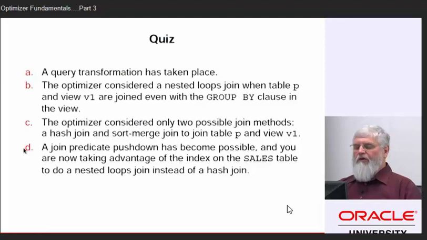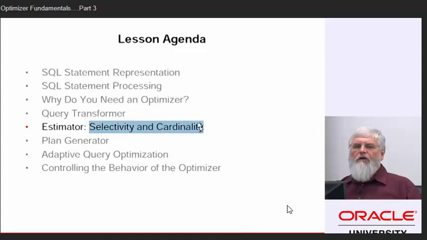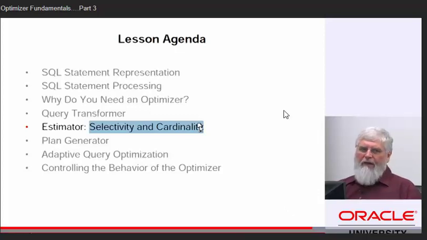Next up, we're going to switch topics and talk about another interesting topic: how we estimate selectivity and cardinality, and how important they are as part of our processing of an SQL statement. So, selectivity and cardinality. Selectivity is defined as the estimated portion of the row set retrieved by a particular predicate or combination of predicates.